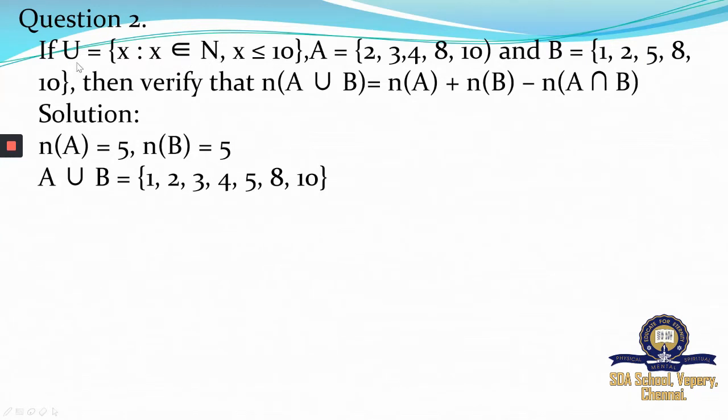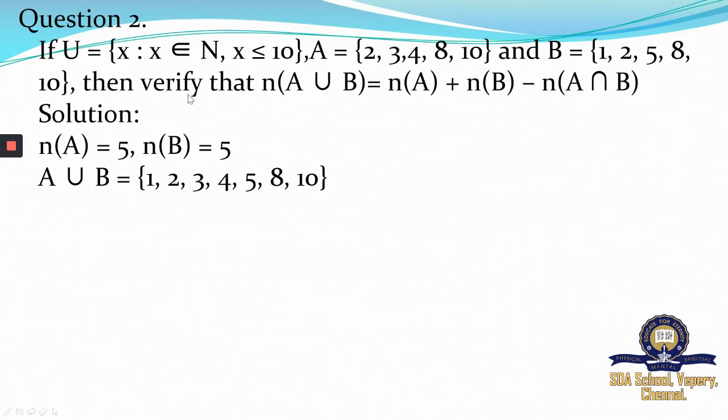The given question to me is, if the universal set U equals X such that X belongs to natural numbers and X is less than or equal to 10, and A is a set which consists of elements 2, 3, 4, 8, and 10, and B is a set which consists of elements 1, 2, 5, 8, and 10, then verify n of A union B equals n of A plus n of B minus n of A intersection B. How do we proceed?